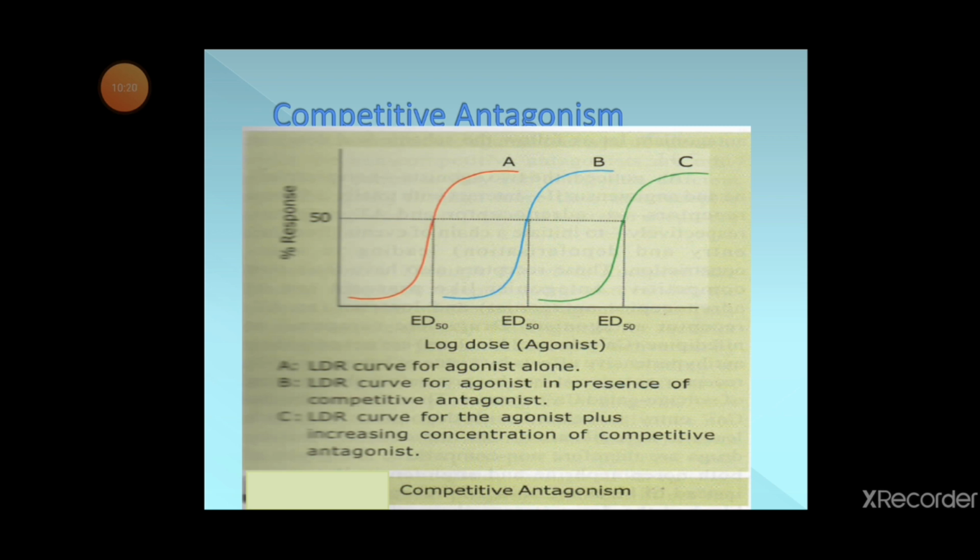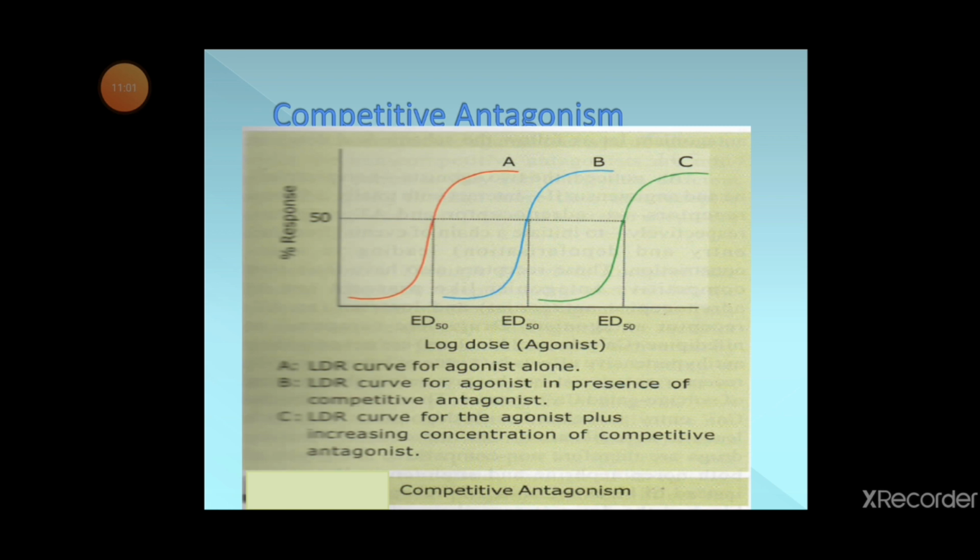So with this analysis, we can say in the presence of antagonist, you have to administer more dose of agonist to obtain the same response, because ED50 for B is more than ED50 for A curve. So to obtain the same degree of response, that is 50% response, you have to give more dose of agonist.